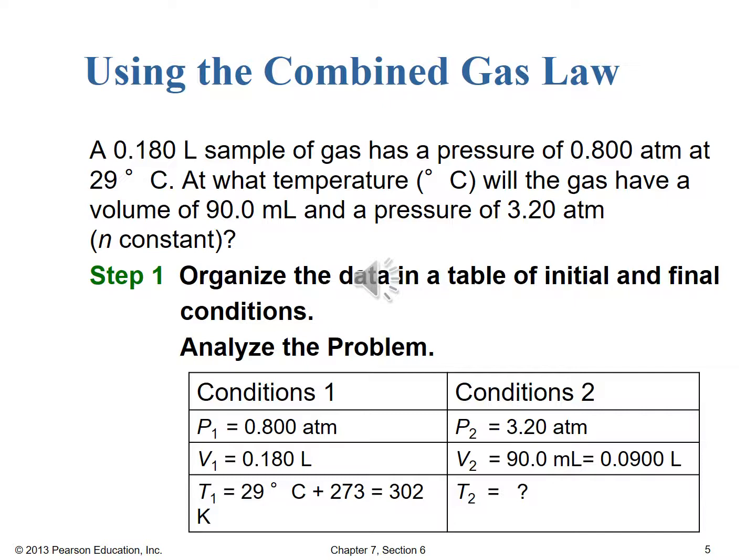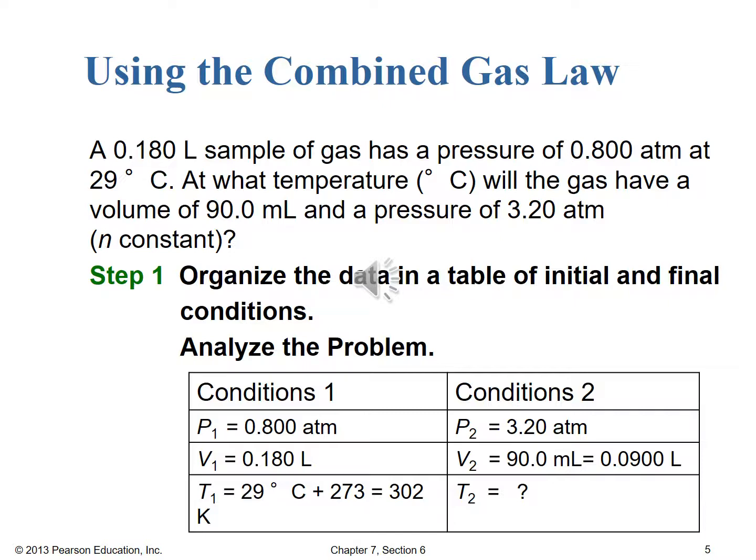So step 1, organize the data in a table of initial and final conditions and analyze the problem. So condition 1, we have our initial pressure of 0.800 atmospheres, our initial volume of 0.180 liters, our initial temperature of 29 degrees Celsius, which converted to Kelvin gives 302 Kelvin.